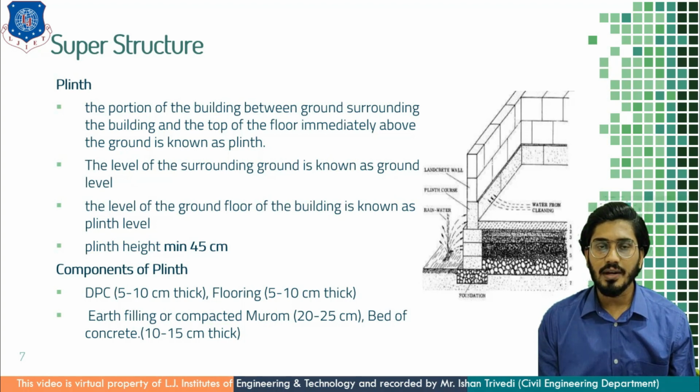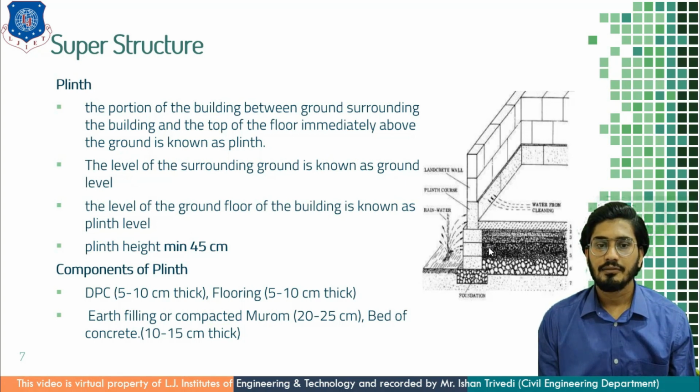Once we achieve firm ground, there will be laying of a concrete bed having thickness of 10 to 15 centimeter. Again I am repeating, there is earth filling, or compacted muram, which is rammed by hand rammers. Then there is a layer of concrete bed having thickness of 10 to 15 centimeter.